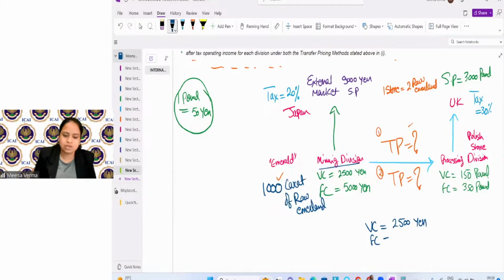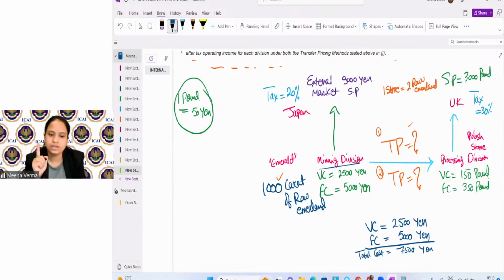What is the fixed cost? 5,000 yen is the fixed cost. So what is the total cost? 7,500 yen is the total cost for the mining division.